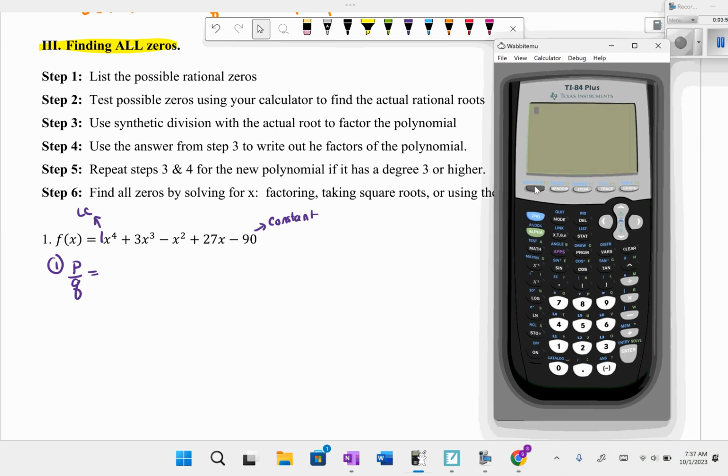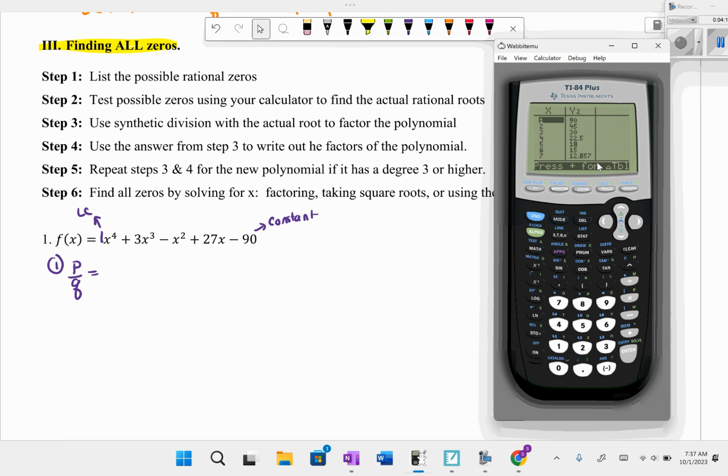So if I go to my y equals, I can plug in 90 divided by x, and I can go to my table, second graph, and 1 and 90, 2 and 45, 3 and 30, 5 and 18, 6 and 15, etc. So that's how you would find your factors if you don't know.